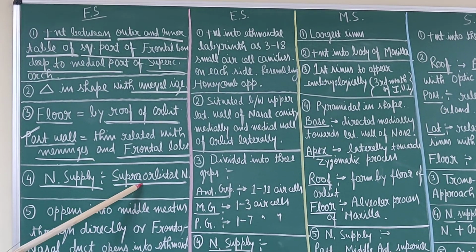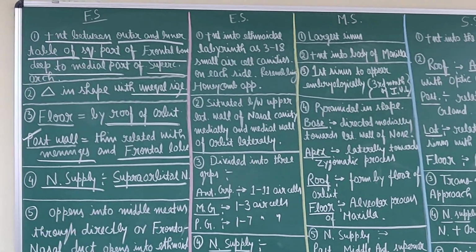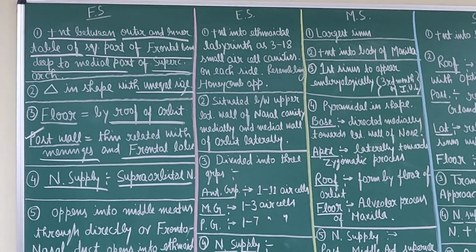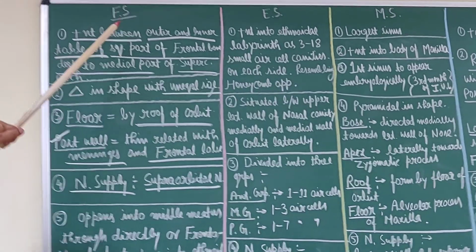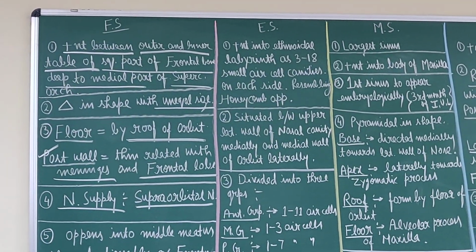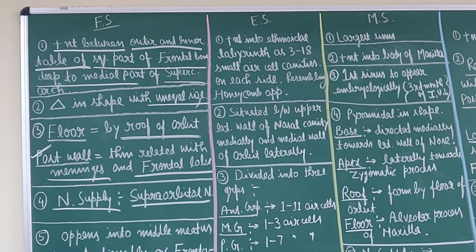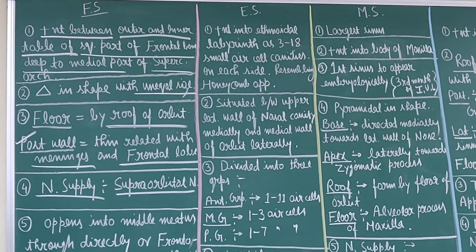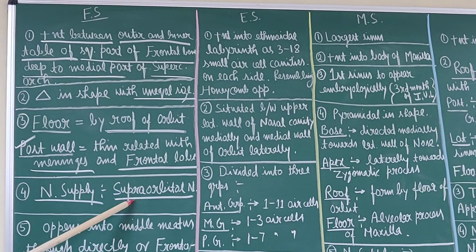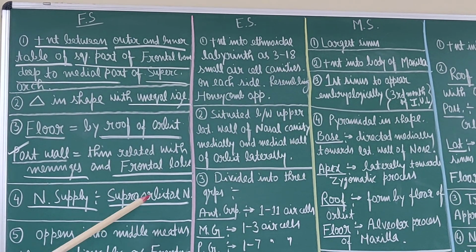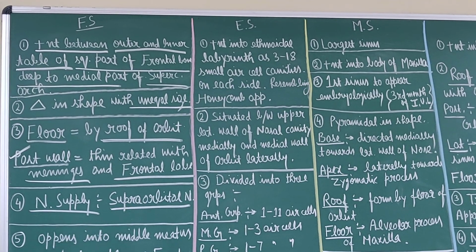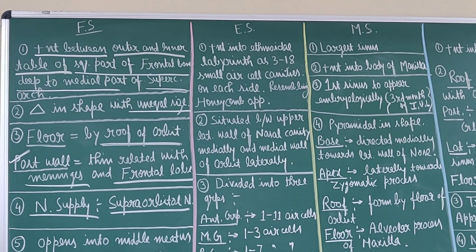That is the supraorbital nerve, and it supplies the frontal sinus. In frontal sinusitis, the inflammation of the sinus, the pain is felt in the forehead region because both have a common nerve supply.